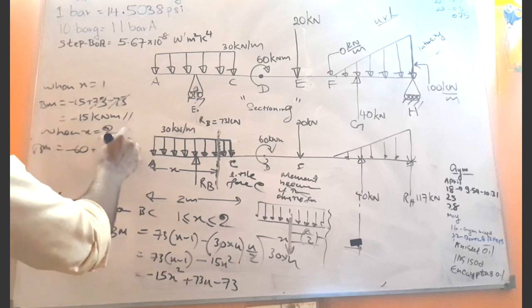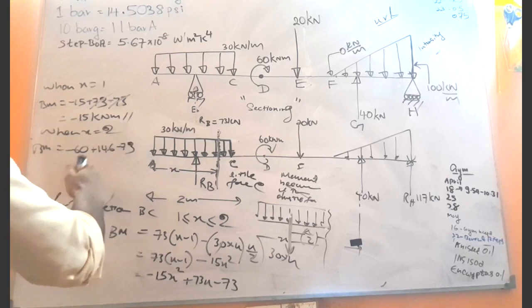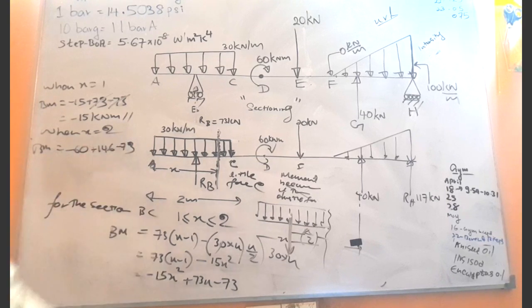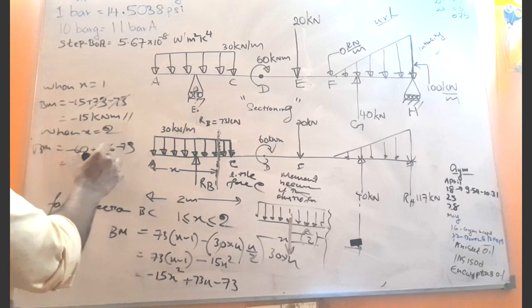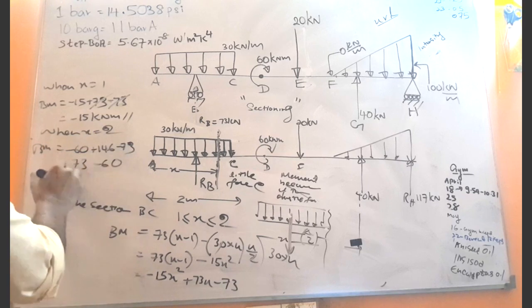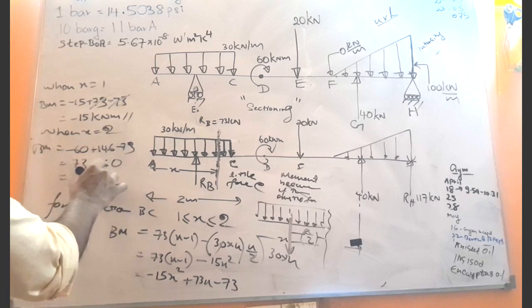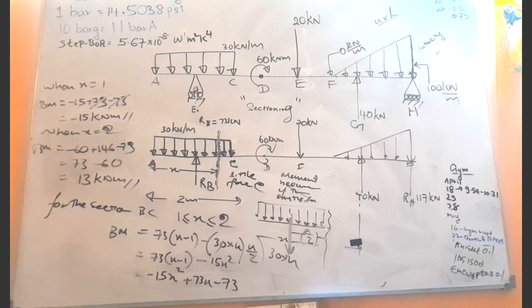And minus 73. So what is the answer? 146 minus 73 will be positive 73, right? Positive 73 minus this 60. So 73 minus 60 is 13 kilonewton meter, right?